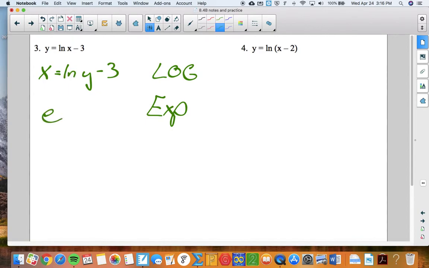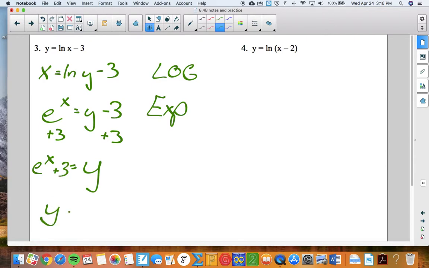So it's e to the power of x equals y minus 3. Well, now we want to get y by itself, so we add 3, and we add 3. So y equals e to the x plus 3, or y equals e to the x plus 3 if you want y on the left side, which most teachers do.